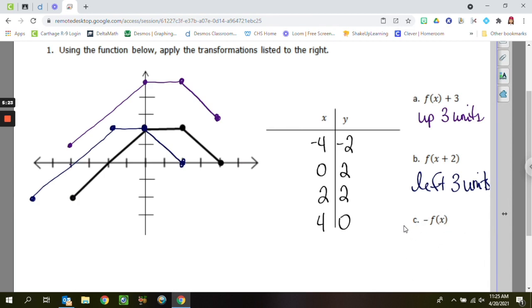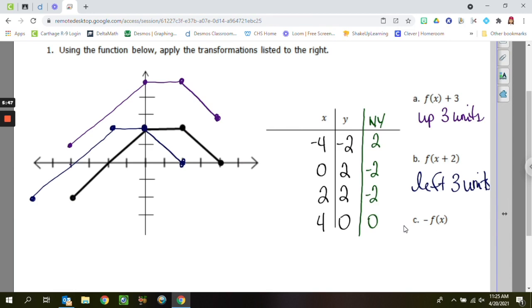So with it being outside, I'm going to go ahead and type new ones for this. So that means the negative is going to be applied to every one of these and switch them to now be a positive 2, a negative 2, a negative 2, and 0 doesn't change.